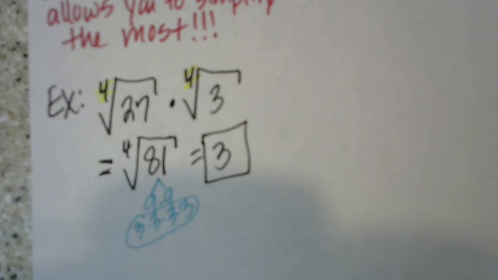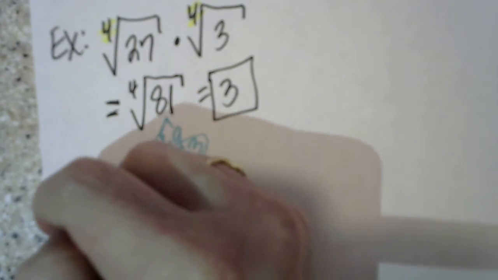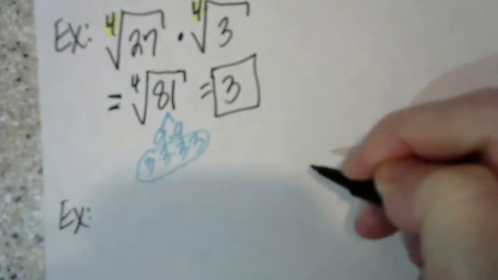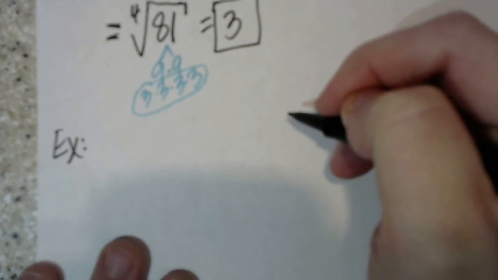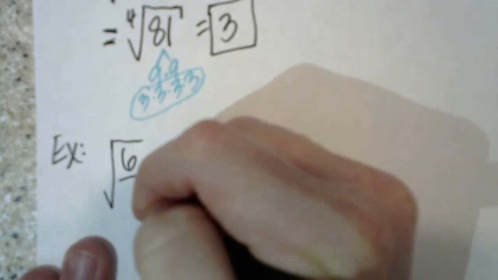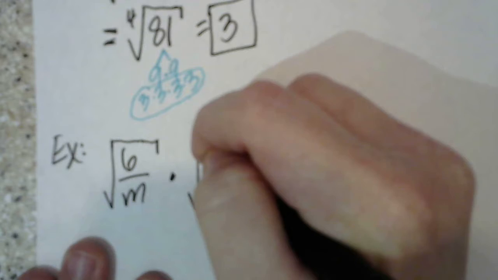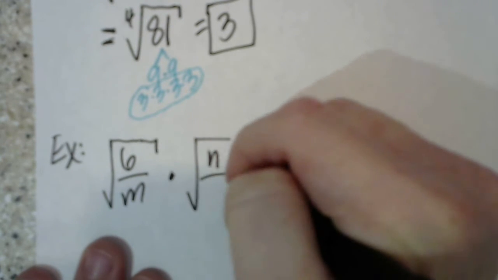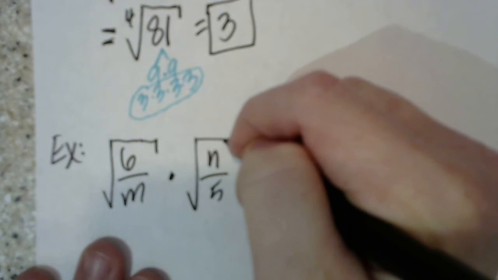Like, for instance, you may see a multiplication problem like this: 6 over m times n over 5.